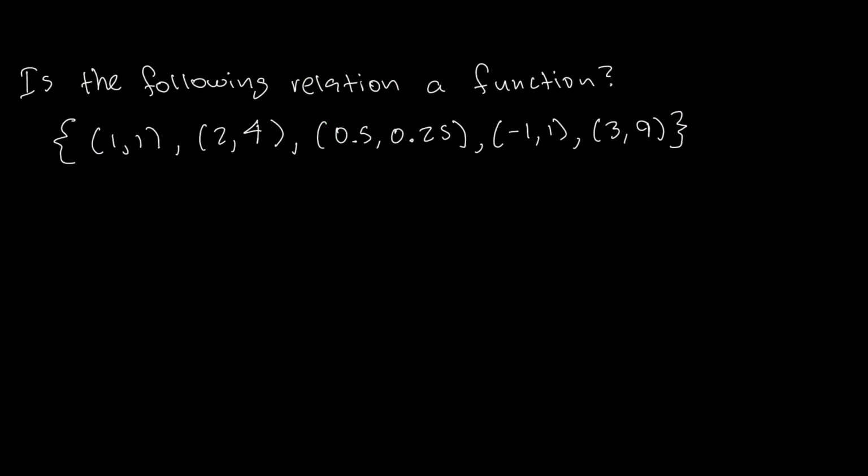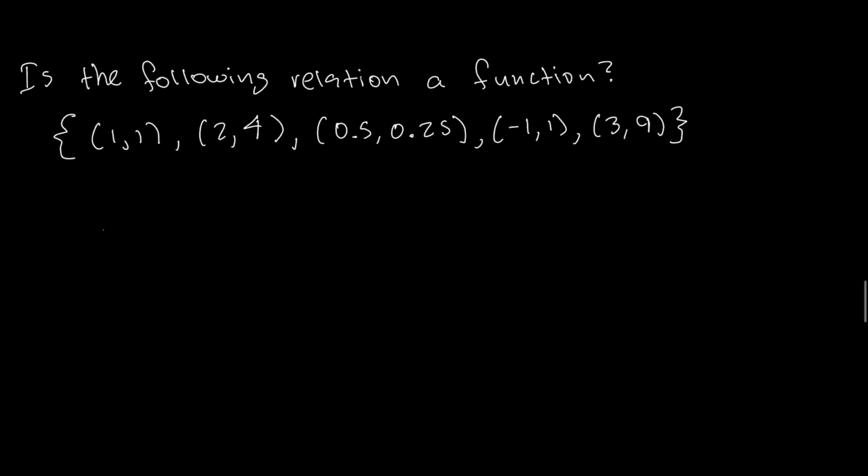Now let's look at some practice. So here we're trying to figure out if the following relation is a function. And we have 5 different ordered pairs. So we can do this many ways. We can do it on the graph like we just did less than a minute ago. We could also do it through our table. We can use our circles. Any method works totally fine.